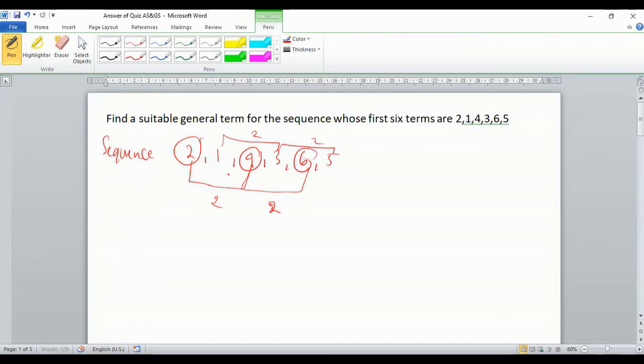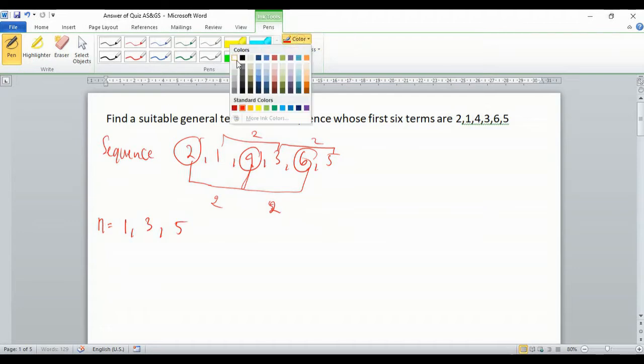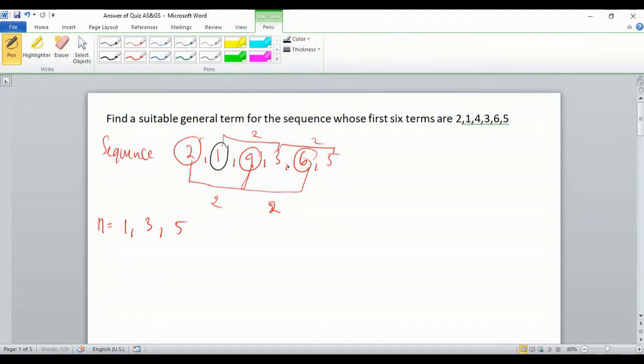We know that 2, 4, 6 corresponds to the odd-numbered terms, 1st term, 3rd term, and 5th term, and then from here we can see 1, 3, 5. So here the second term, and then the fourth term, and then the sixth term.